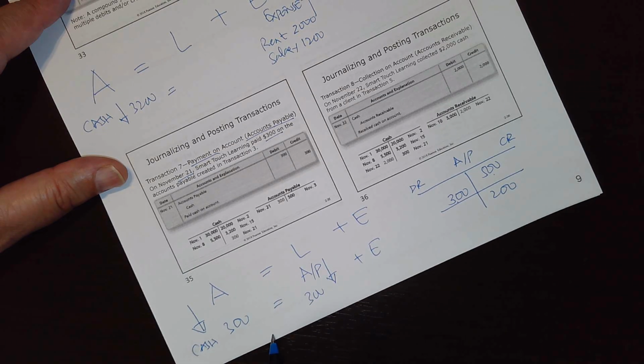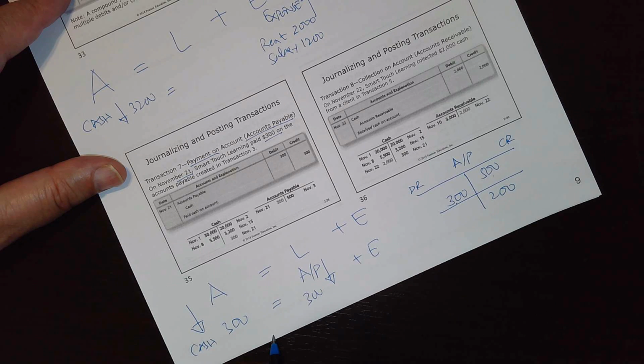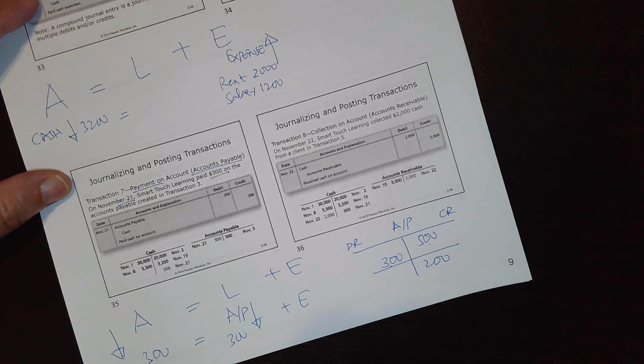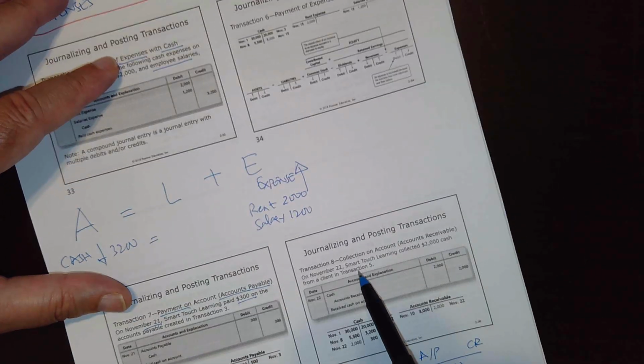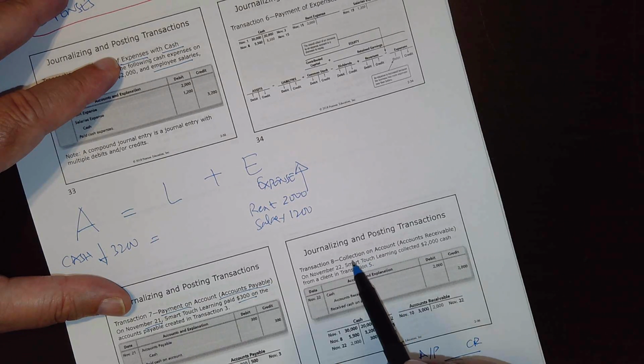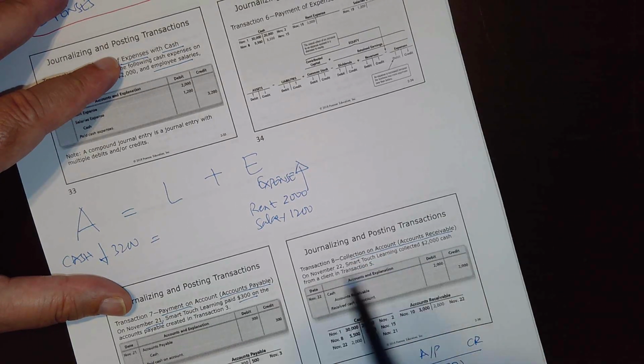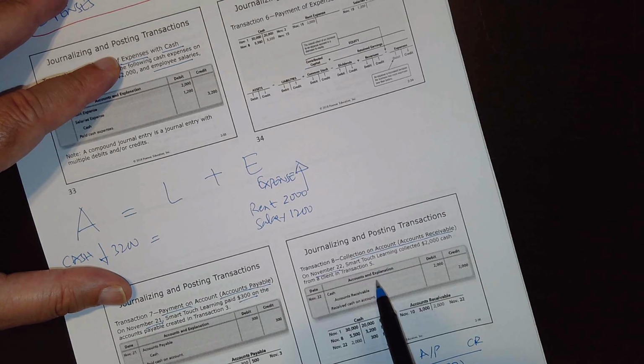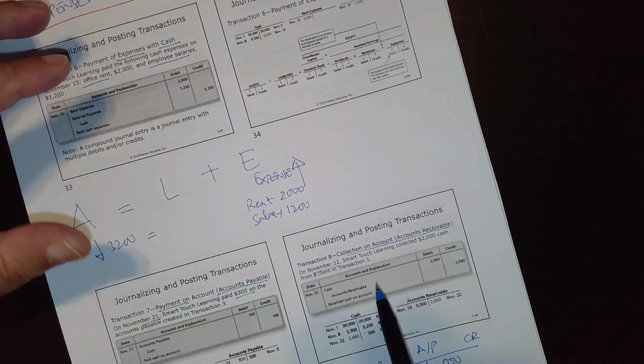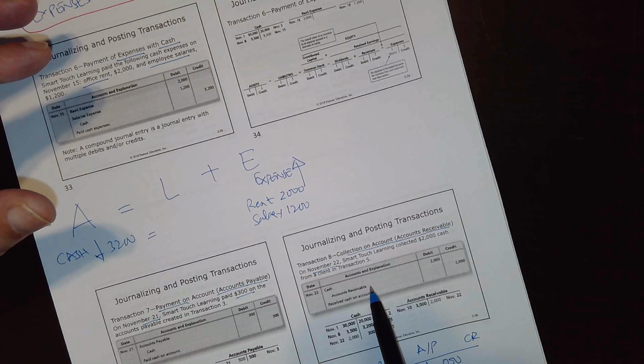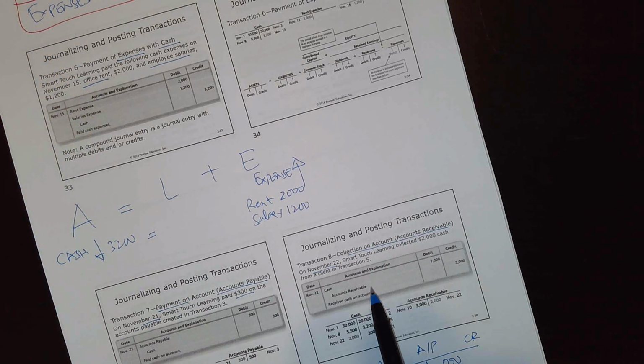because we have only paid $300 out of the $500. And this is the balance sheet accounting representation for you. Okay. Now let's talk about the next one. It says collection on account receivable on November 22nd. All right. Every time you are collecting from a customer, it is because you provided the customer credit.